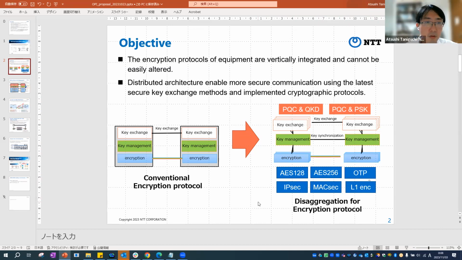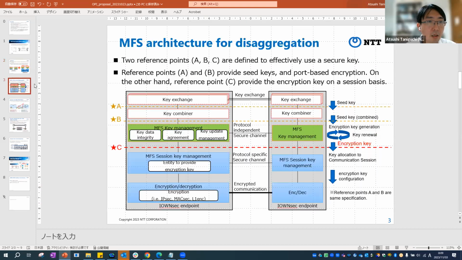So that's the objective of my ideas. This is one of the proposals of the architecture.